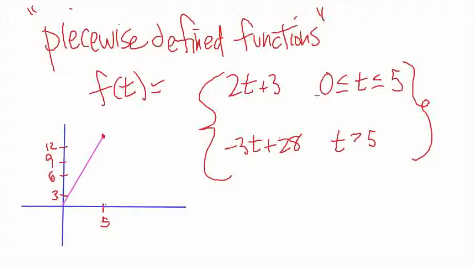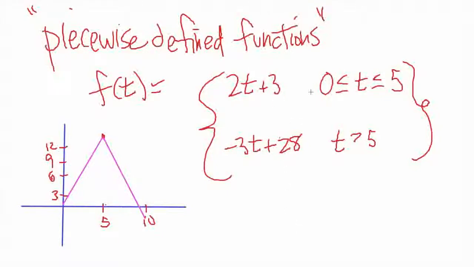For the second part, at 5 I have 13, and let's pick another point: at 10, I have minus 2, so the graph would be like this.